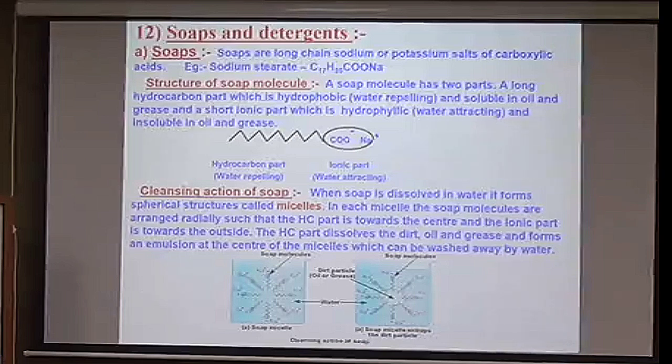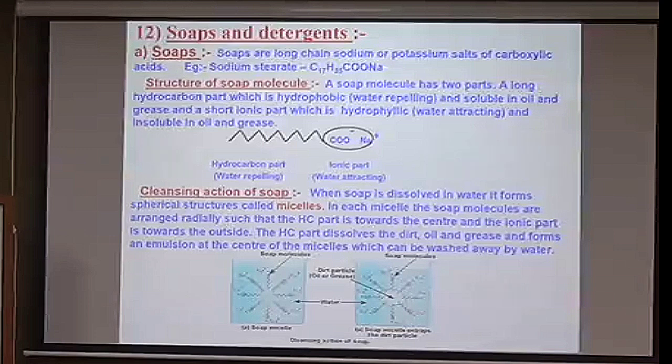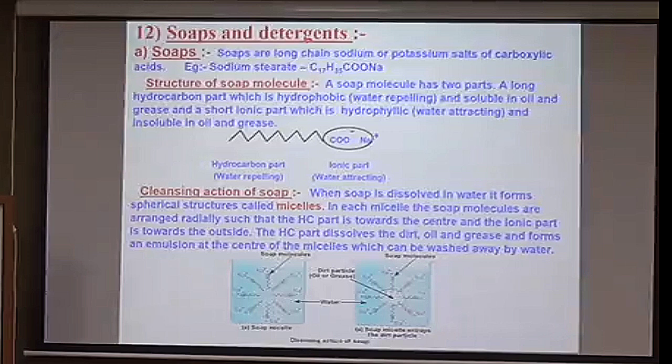The ionic end dissolves in water this way, and the carbon chains, as there is no other organic solvent here, dissolve in each other this way. They get oriented in a spherical structure. Such spherical structures we call micelles. A number of such micelles are formed in water when soap is dissolved. That is why soap forms a colloid with water.